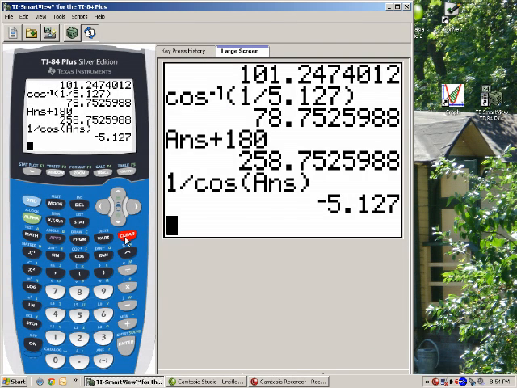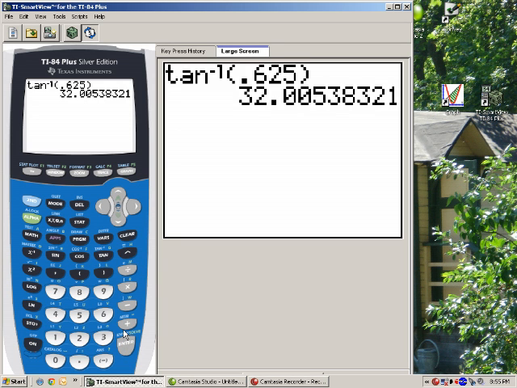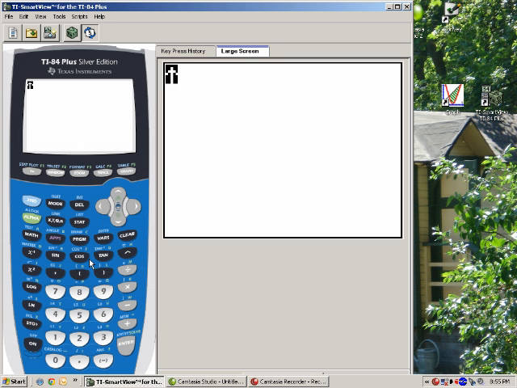Okay, so let's clear that out. And arctan of 0.625, 32.005. Okay, that's my reference angle. I keep forgetting to do that 1 divided by. Let me back up. I apologize.